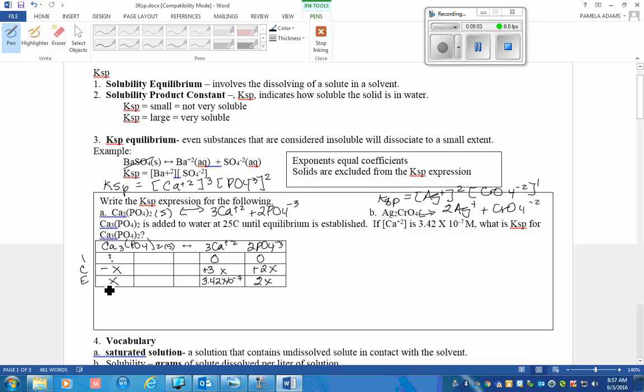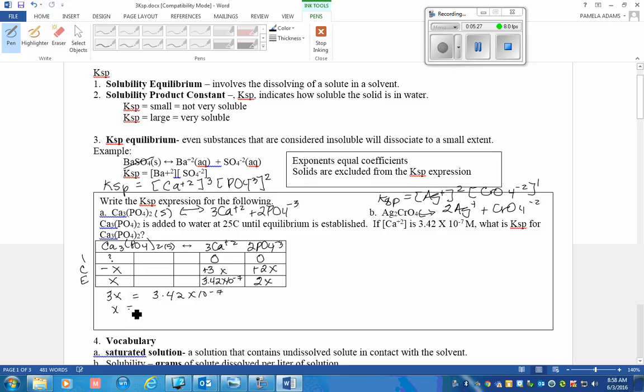So I can now see that X, according to this, can be found because 3X was my change that had to occur to get to equilibrium for my calcium ions, and we have defined my concentration at equilibrium to be this value.